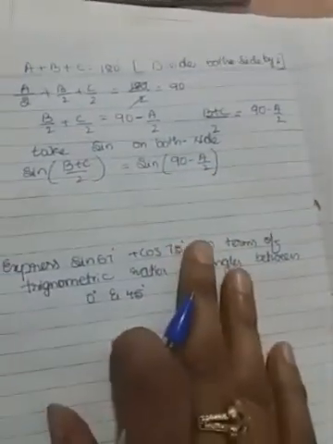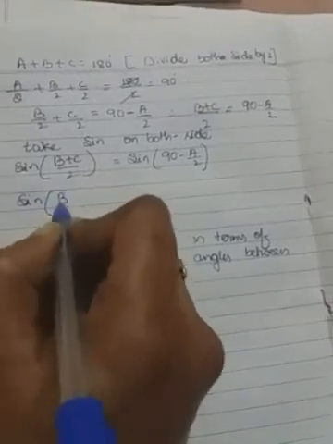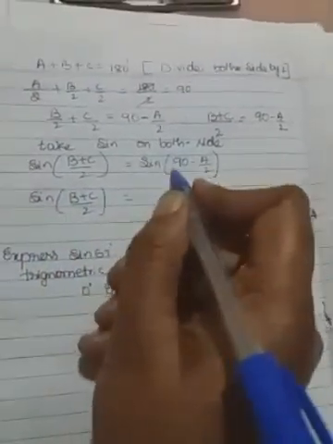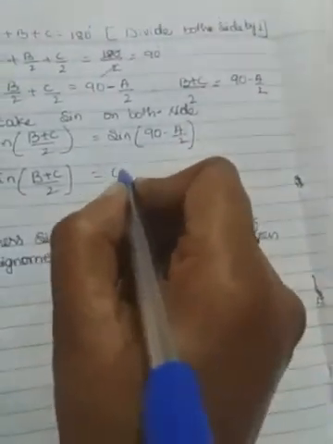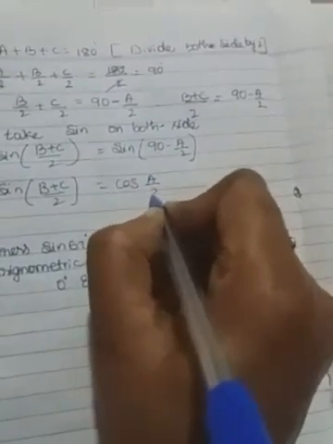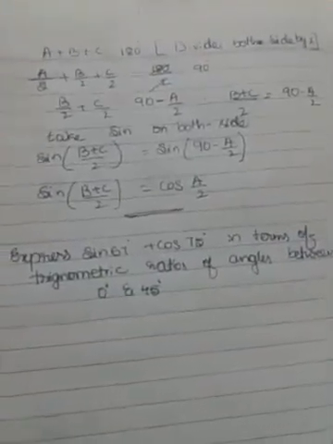Then sine of B plus C divided by 2 equals sine of 90 minus theta, where theta is A by 2, and sine of 90 minus theta is cos A divided by 2. That is what they are asking us to prove in our question. So now we have proved.